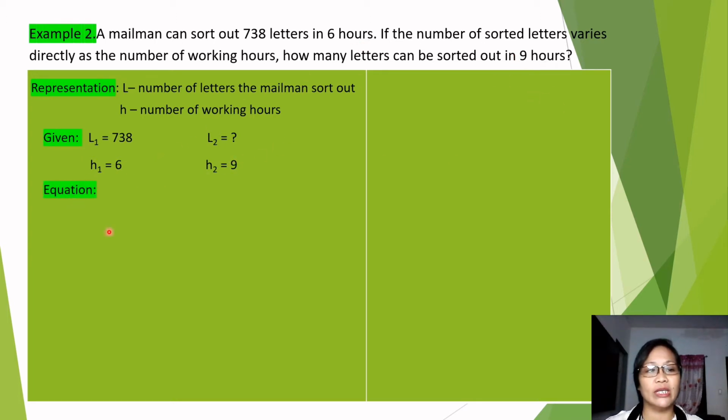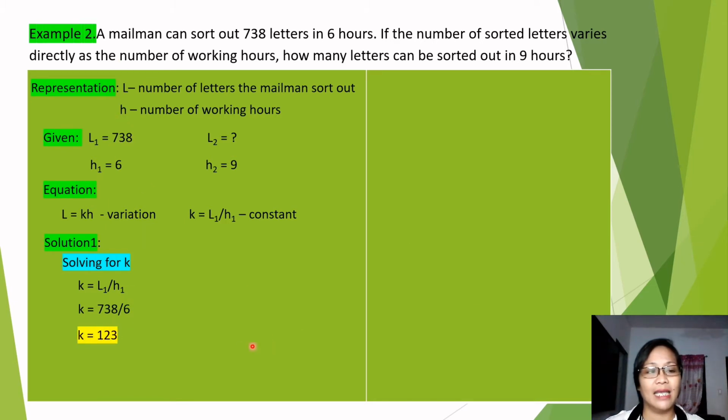For our equation for variation, L is equal to kH, and for our constant, we have k is equal to L sub 1 over H sub 1. Solution for k: k is equal to L sub 1 over H sub 1, then substitute the given. k is equal to 738 divided by 6, and k is equal to 123.